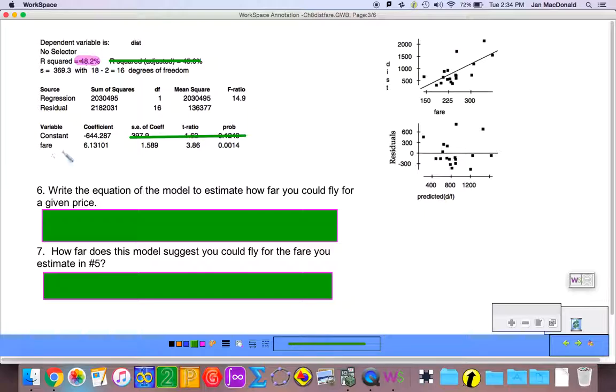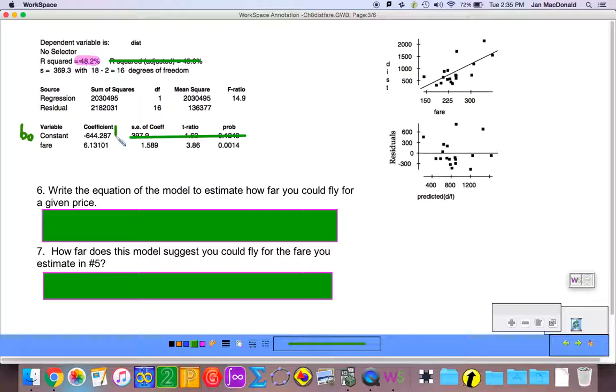Our constant is just our y-intercept, b0. That is the number that is added to our linear regression equation. Added or subtracted, it doesn't matter. It's our constant. The coefficient of the fare, the coefficient of x, well, we know the coefficient of x has always been our slope, our b subscript 1.